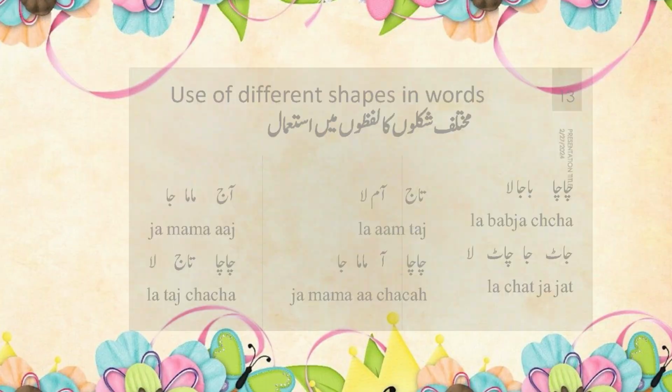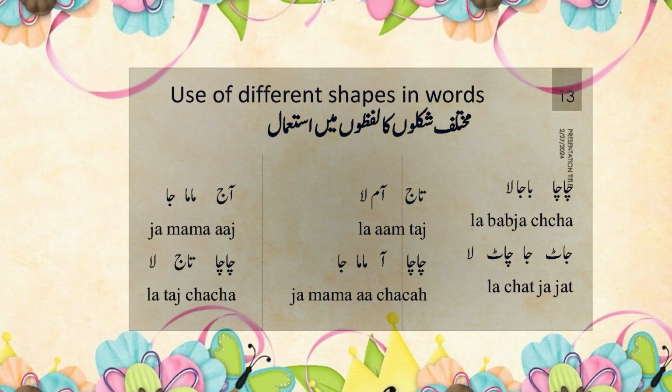See here, Chacha Bajala is in its full form, in second example full form, in third example full form, fourth example, fifth example, sixth example, seventh, eighth, till end. You can see alif did not change its position. It remains in full form.